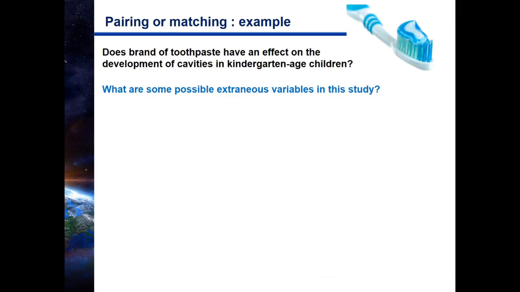Let's go through this example, and I think it will be a lot easier to understand what I've just said. So pretend you want to do a study, an experiment, where you're asking the question, is one brand of toothpaste better than another brand of toothpaste?